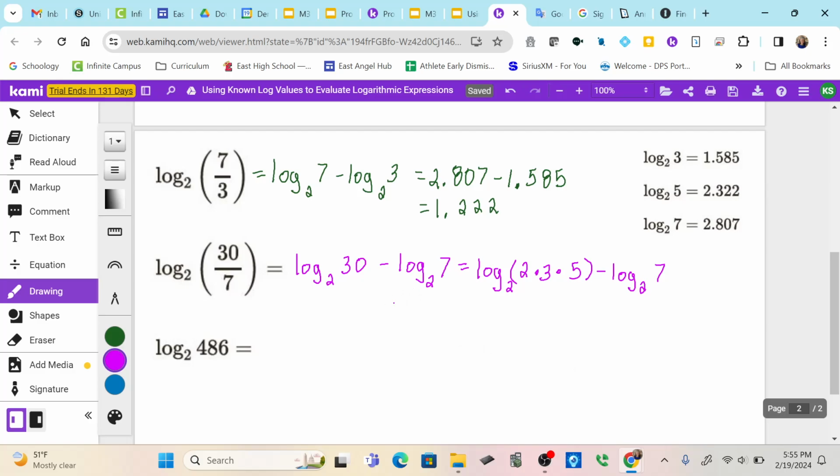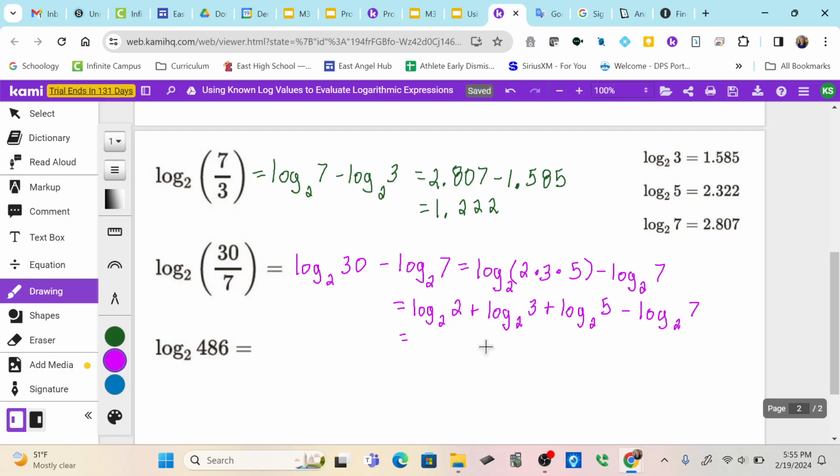I can then write this as log base 2 of 2 added to log base 2 of 3 added to log base 2 of 5 subtract log base 2 of 7.